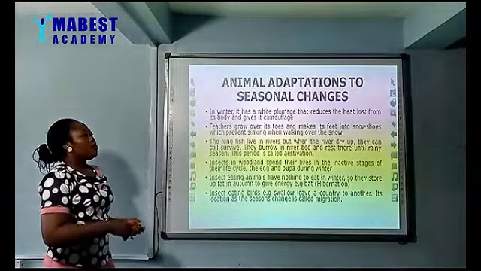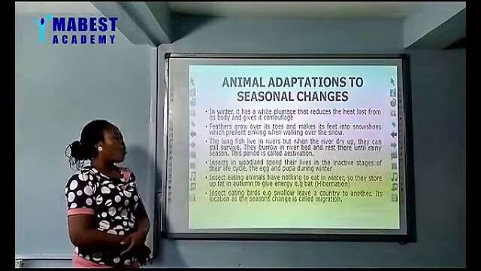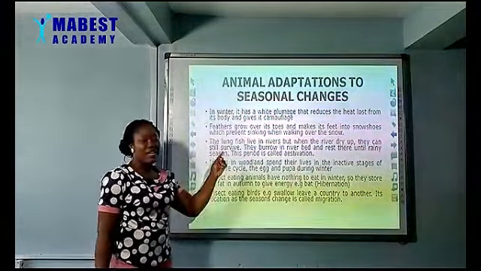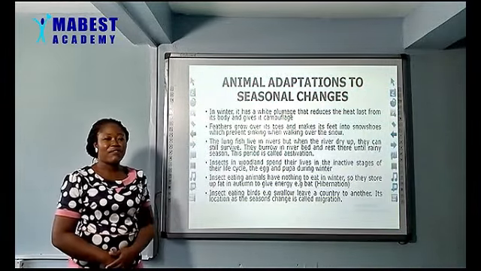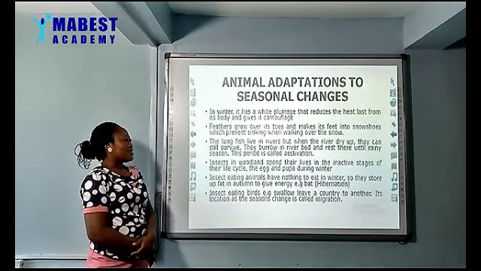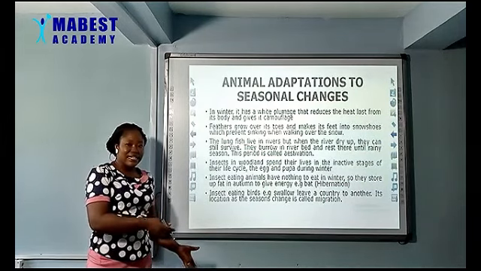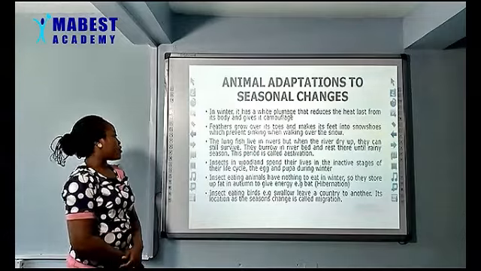So most times they burrow in the waterbed and rest there until rainy season, and that period is called estivation, the period where they hide in a particular environment and come out later when it is rainy season. That period is called estivation, hiding for some time and coming out again for survival.